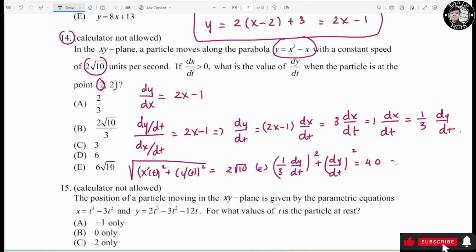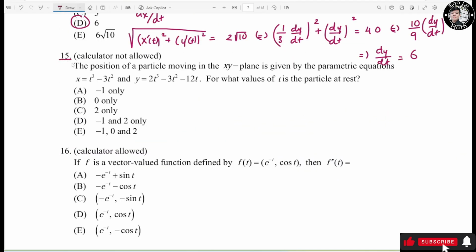So it's going to be 10 over 9 times dy over dt altogether squared equals 40, right? So then dy over dt equals 6. The answer must be D. Now let's move on to question 15.